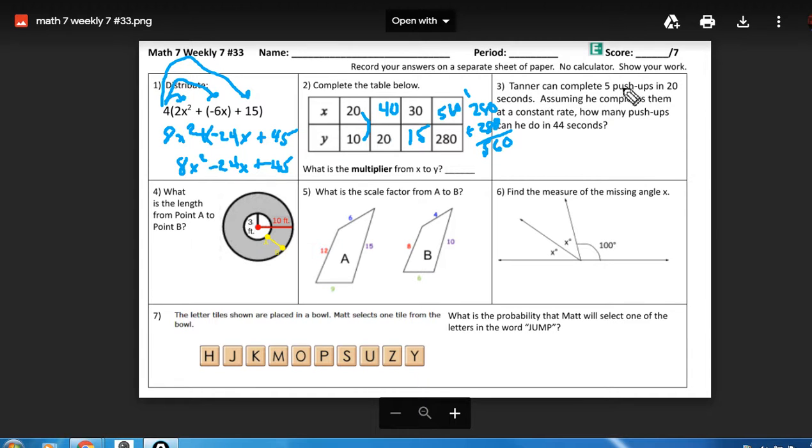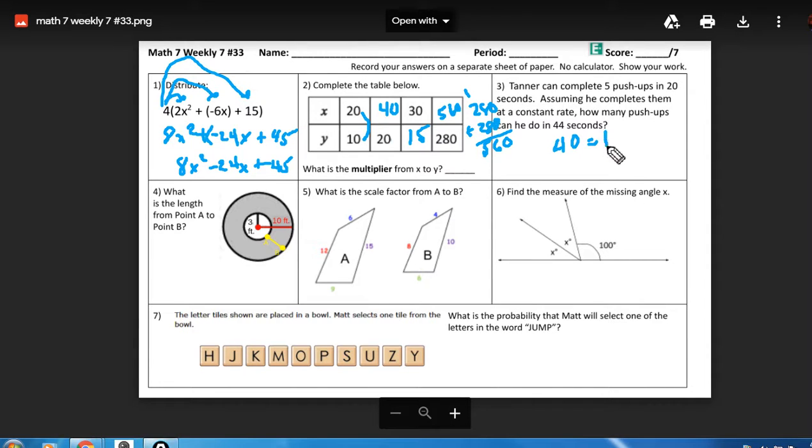So let's take a look at it, and we can figure out how many push-ups he can do in 44 seconds. So we do know that in 40 seconds, he would be able to do double.